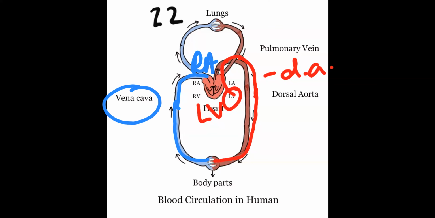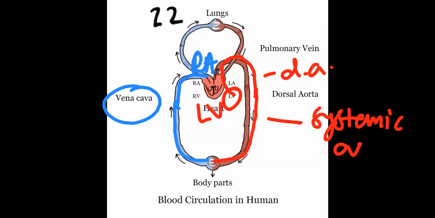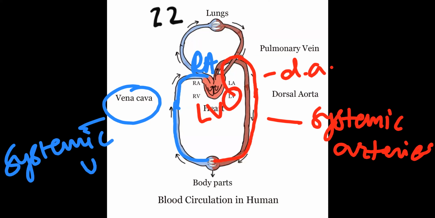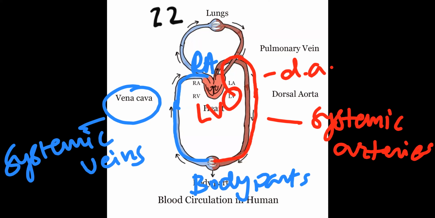All these arteries are called as systemic arteries. Systemic arteries. All these veins are collectively known as systemic veins. So blood, oxygenated blood from the left ventricle via dorsal aorta through systemic arteries, it is taken to body parts.